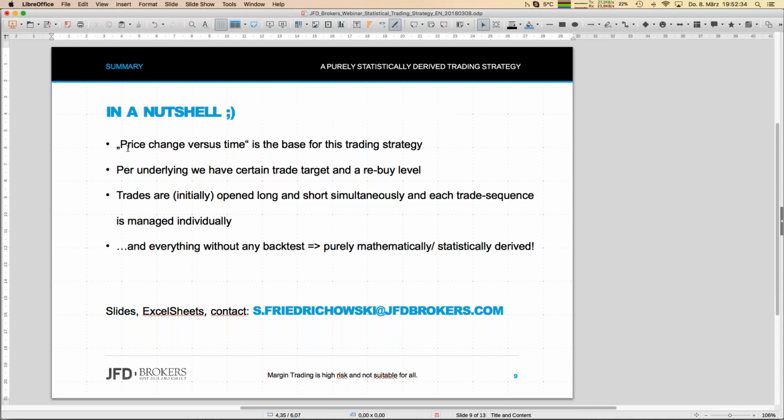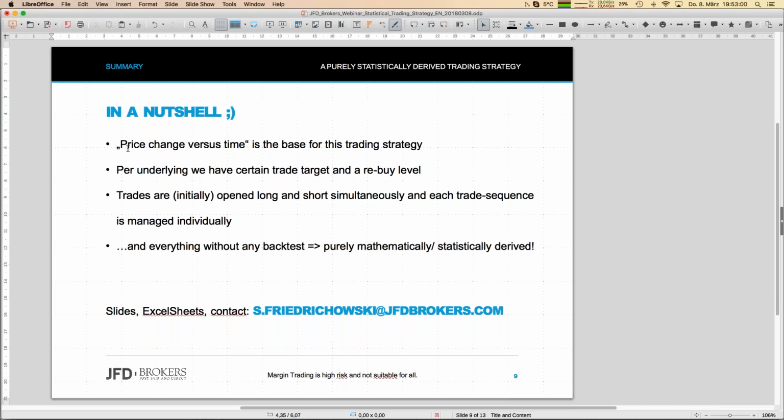And now we calculate the take profit level out of that, out of the costs, and we calculate the rebuy levels exactly out of what we accept as a maximum loss within a typical maximum price change. Those two numbers were the 1,000 euro and the 2%.